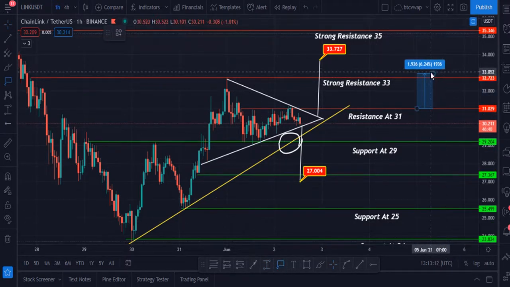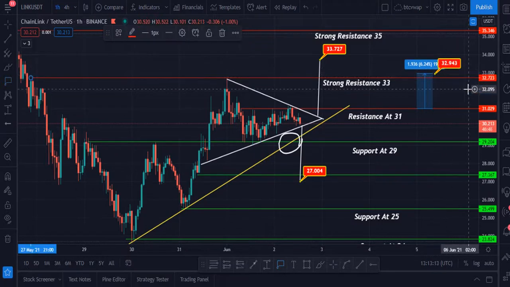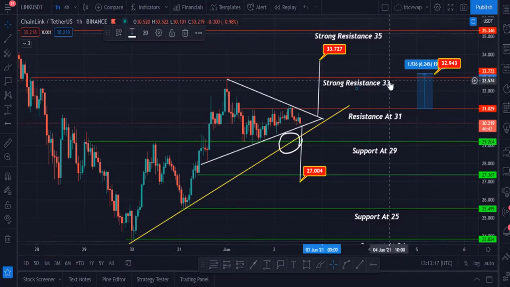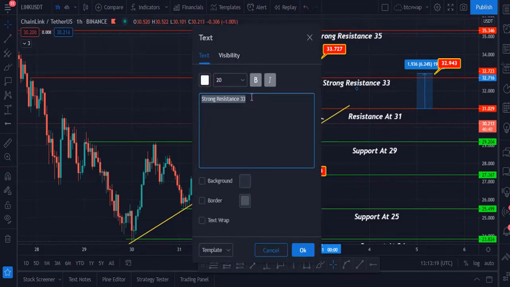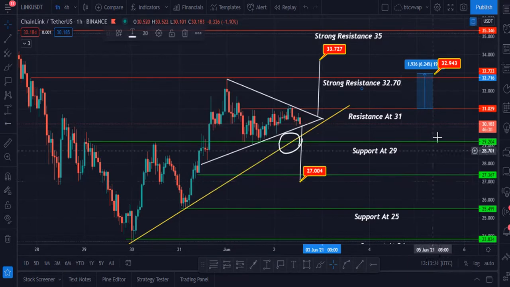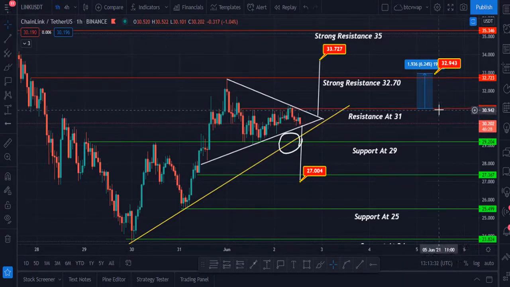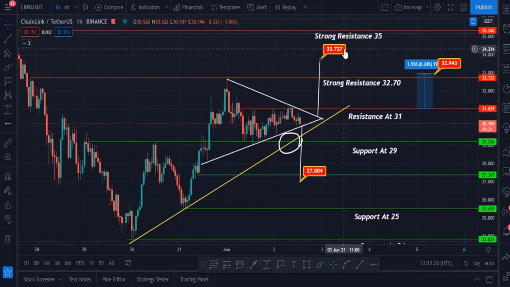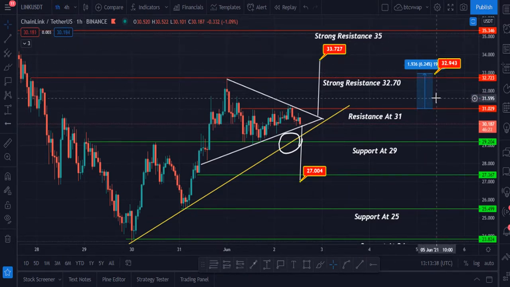You can say our first target will be like this. This is 32, not 33. 32.70. In that case, 32.94, 33.72, these are the targets.